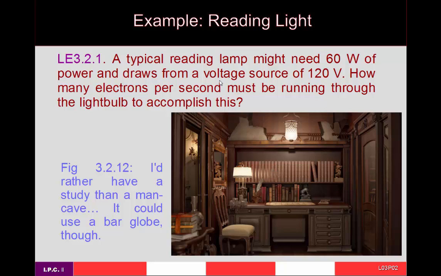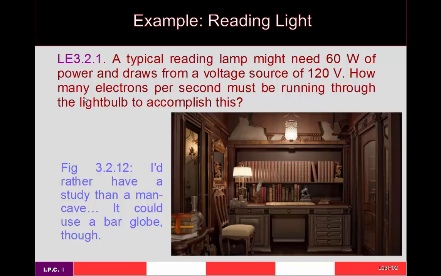A typical reading lamp says that it wants a 60-watt bulb or less. It turns out that the wiring of your house is such that, if you live in the United States, you have 120 volts from the outlet plug. So your lamp has a potential drop of 120 volts, and there's 60 watts of power used electrically.